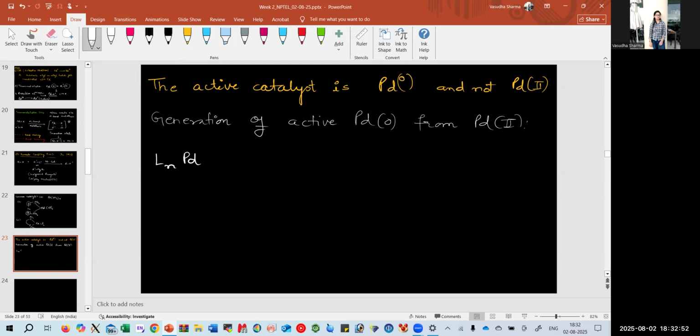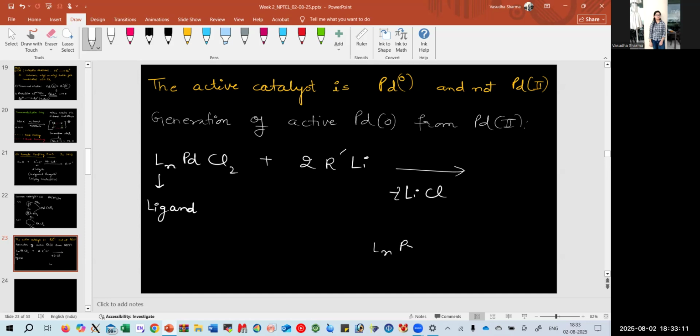When we have PdCl2 with the ligand and we use two equivalents of organolithium, this helps in taking two lithium chlorides outside, forming R and R, which forms palladium(0) plus R'-R'.